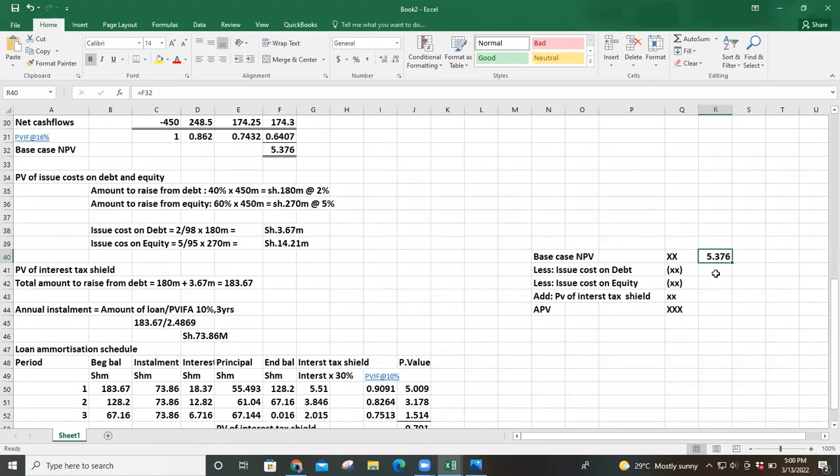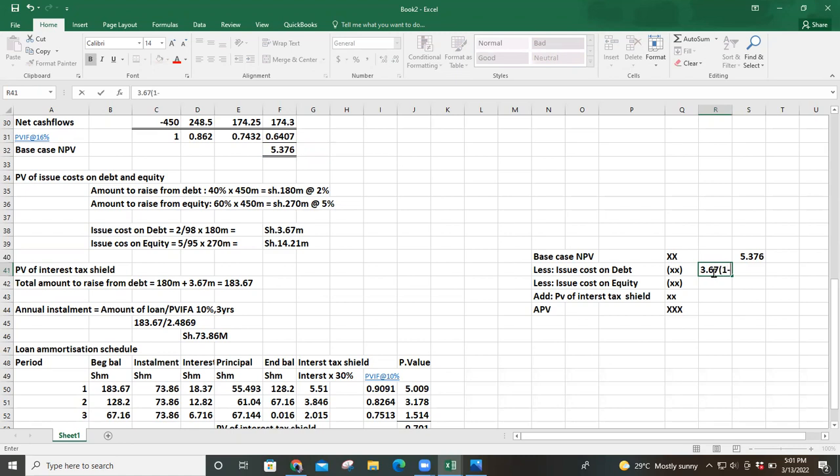The issue cost on debt: we are told that debt issue costs are allowable for tax, so we adjust for tax.